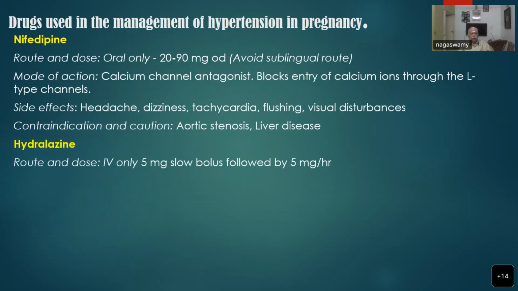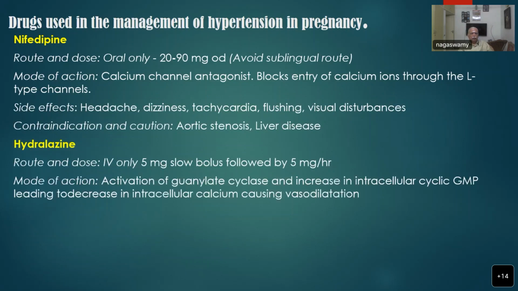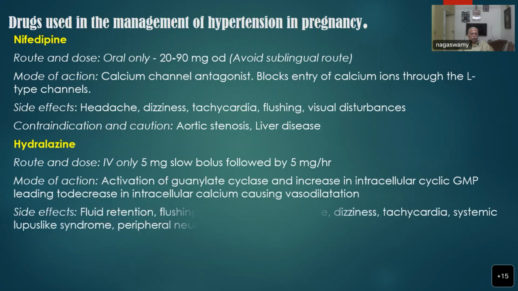The next drug is hydralazine, which is available only as a parenteral preparation, IV only, 5 milligram slowly, followed by 5 milligram per hour as an infusion. This is the main drug used for control of hypertensive crisis. It acts by activation of guanylate cyclase and increase in intracellular cyclic GMP, leading to decrease in intracellular calcium and relaxing the vascular smooth muscle to cause vasodilatation.